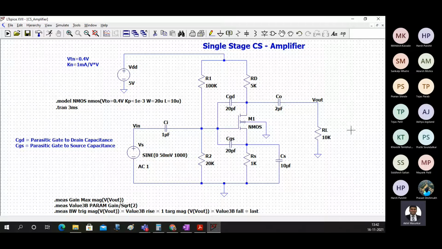Please draw this circuit and post it in the chat box. Don't write these commands which are there below. Only write this dot model. This is a comment. Everything that is in blue is a comment, and this is your circuit.